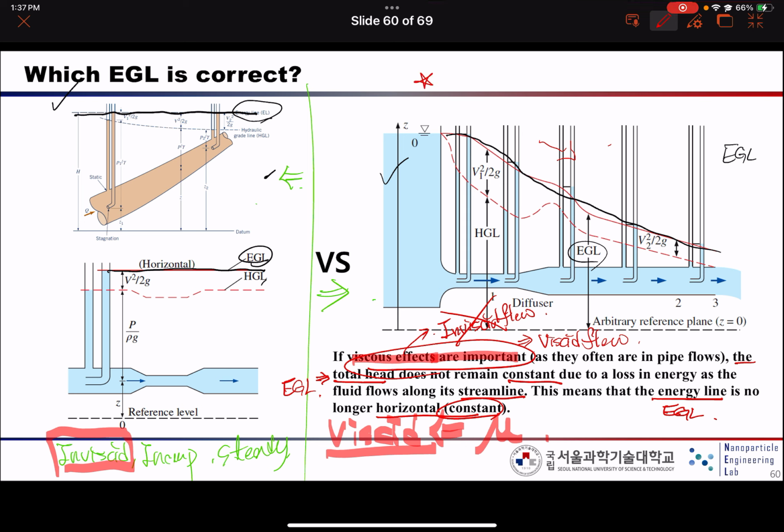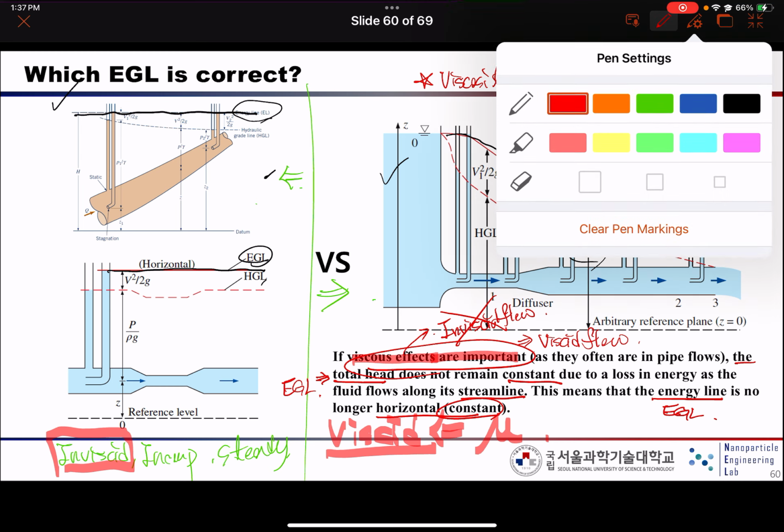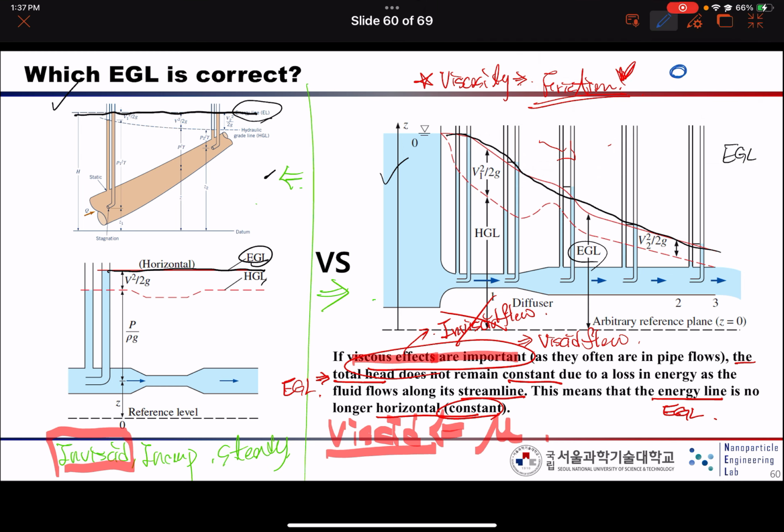So again, what is viscosity? Viscosity is related to friction, right? It is the very same concept as in dynamics. There is a ball on the ground. If you drop the ball at this point, then the flow energy, the kinetic energy and the potential energy at 1 and 2 should be identical, right?